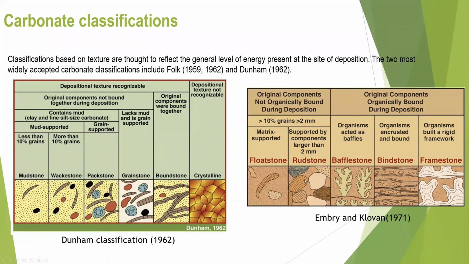If they are more than 10%, we say that they are rudstone. But if the organism act as a baffle, they are bafflestone. Act as a binder, they are bindstone, and act as a frame, for example, rudist system, they are framestones.